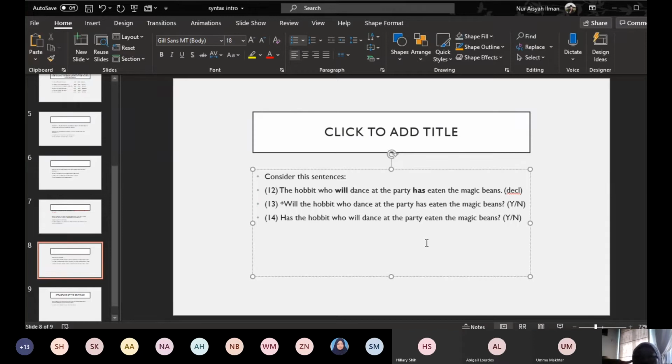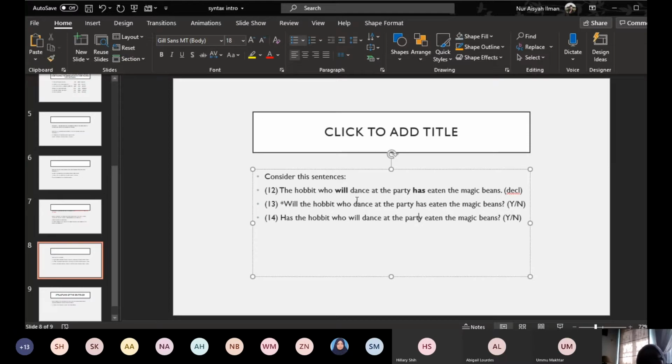You know why? Because just now we said that the auxiliary will move, but we didn't specify which auxiliary. So number 12 is a sentence which has two auxiliaries. The hobbit who will dance at the party has eaten the magic beans.